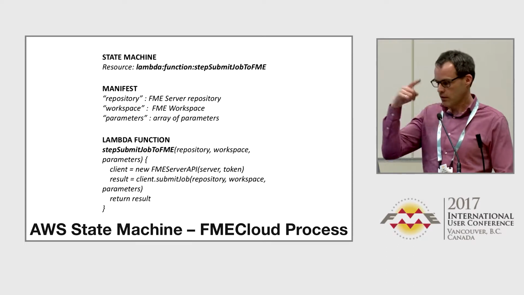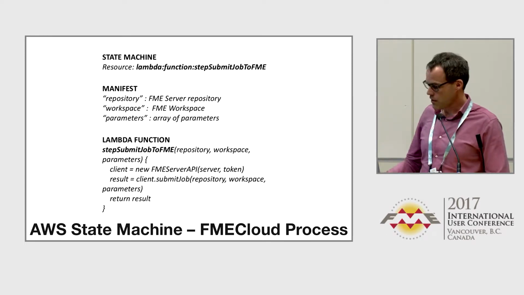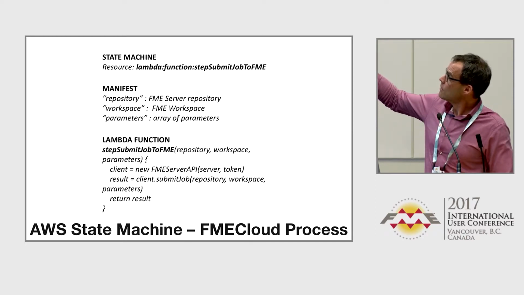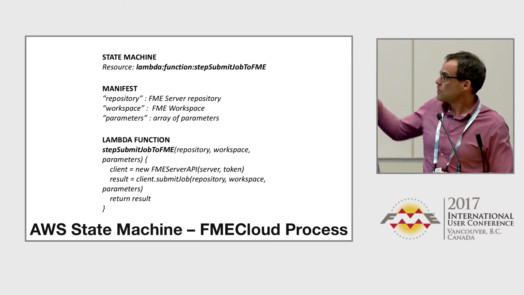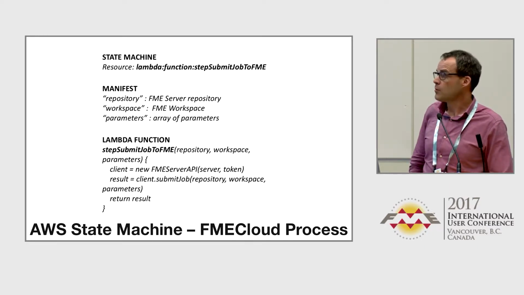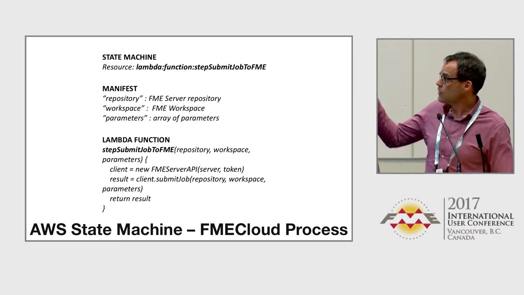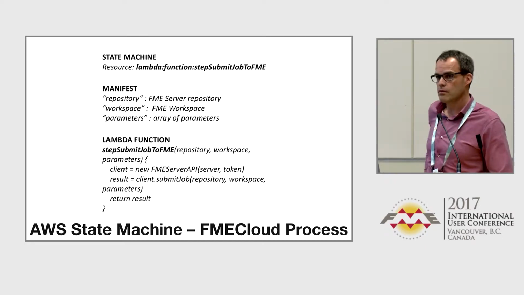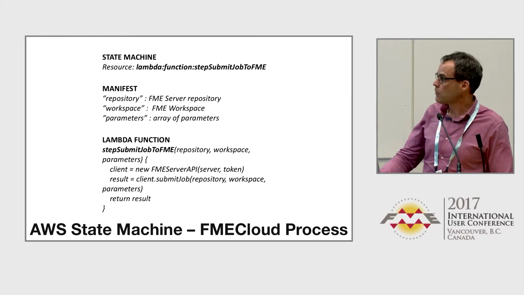I'll give you a reference at the end of the talk. But here's again this state machine. This step just submits a job to FME Cloud to run. It needs to know the repository, it needs to know which workspace to run, and it has to know the array of parameters that are needed for that workspace.